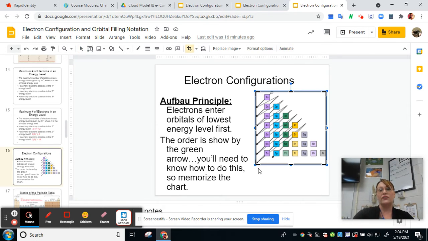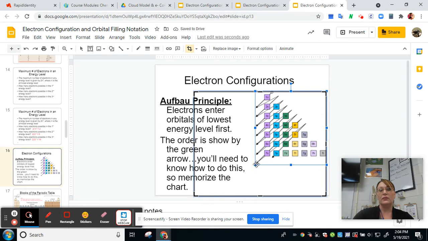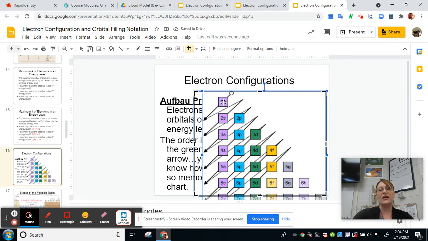This is a chart for electron configurations. Let me make it really big for a second. Really, it's not going to get big. Okay. And notice that everything here in purple, this whole purple column, they all start with 1, 2, 3, 4, 5, 6, and they all have S's. Okay, so to help you remember the orbital filling, I always make this little chart.